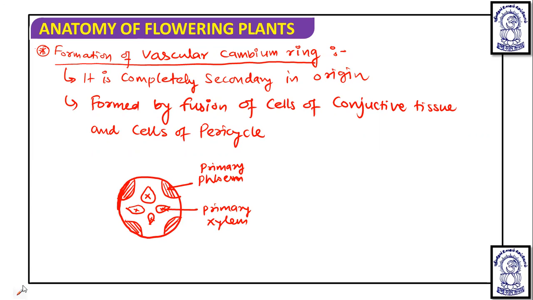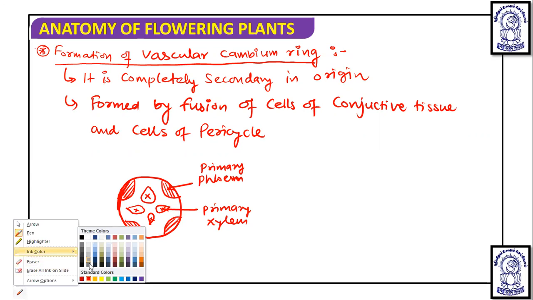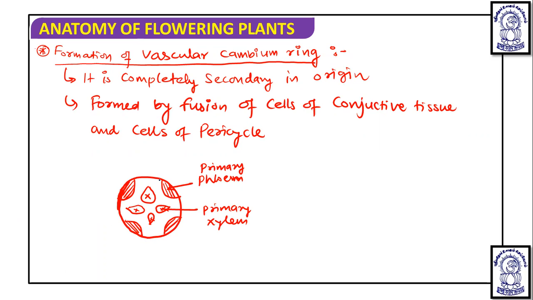The cells of conjunctive tissue are located just below the primary phloem. So the cells of the conjunctive tissue differentiate, and on the outer side you will see the presence of pericycle.